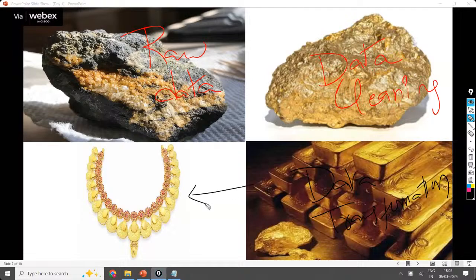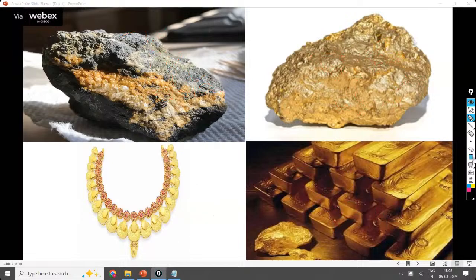This one is called the model, whatever we are going to create by using AI or ML. So like this, the same process is involved in the steps of data science. The raw data, clean it, process it, and finally create the model which you will give to the business.